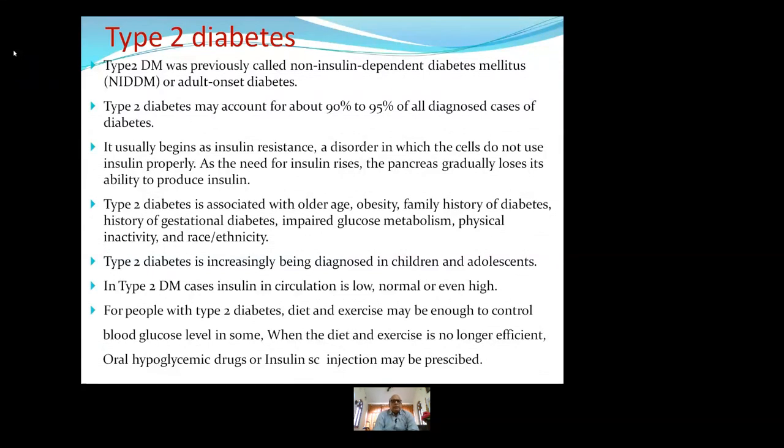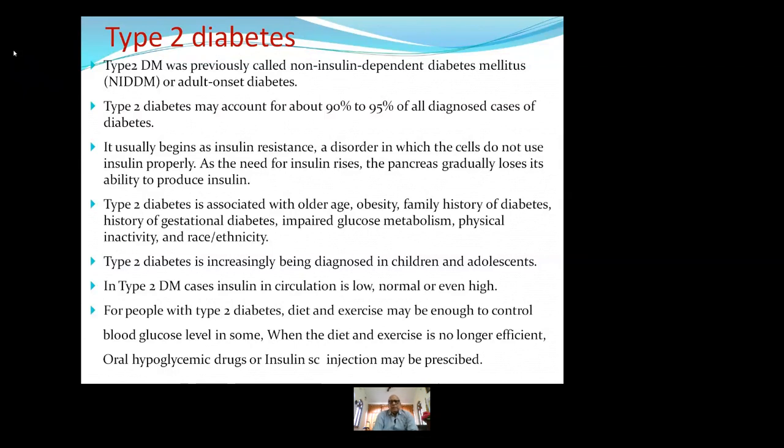Now, type 2 diabetes mellitus was previously called non-insulin dependent diabetes mellitus or adult onset diabetes. Type 2 diabetes may account for about 90% to 95% of all diagnosed cases of diabetes. It usually begins as insulin resistance, a disorder in which the cells do not use insulin properly.